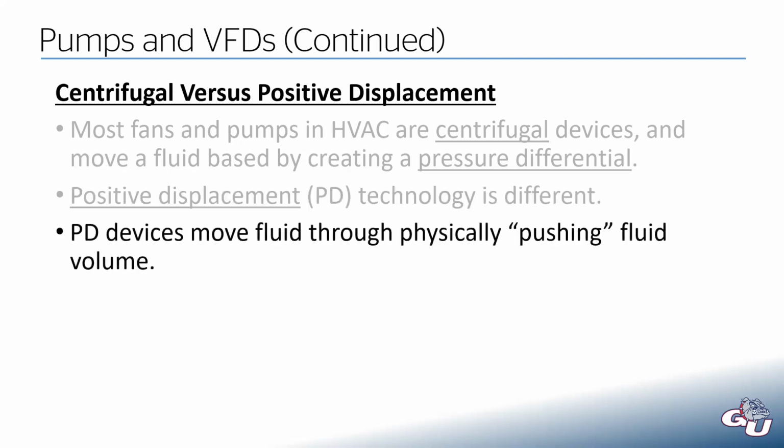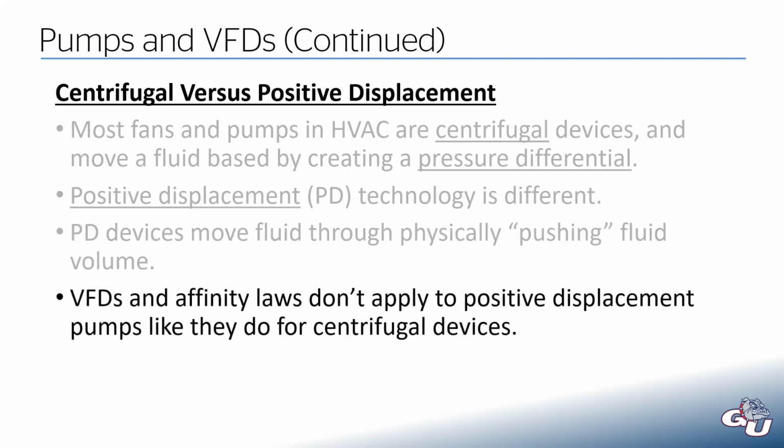Positive displacement devices are going to move fluid physically by just pushing it. They are just pushing fluid volume through a system. They're not doing it by creating a pressure differential. They're just physically pushing it through. And what that means is the affinity laws don't apply to positive displacement pumps like they do for centrifugal pumps.